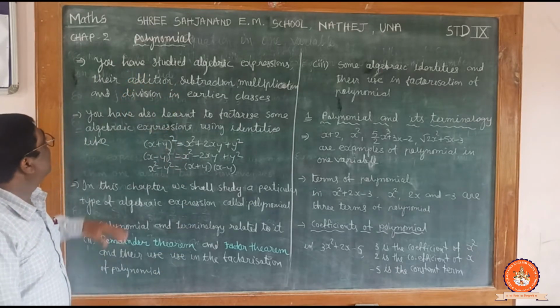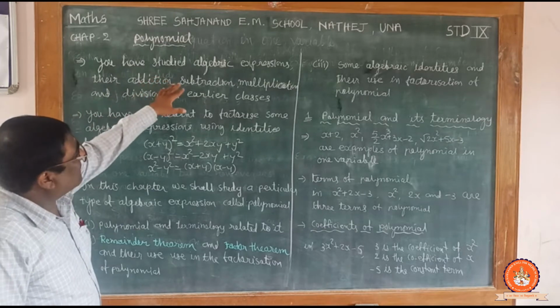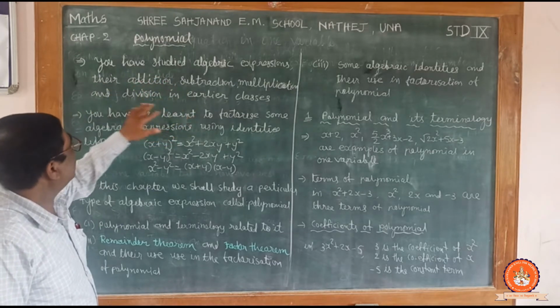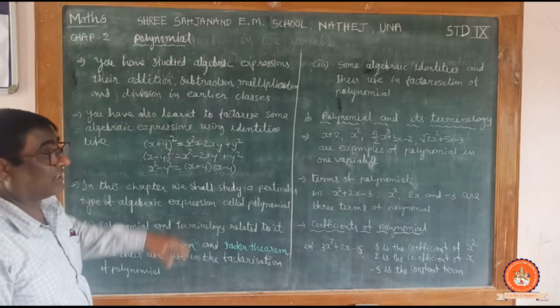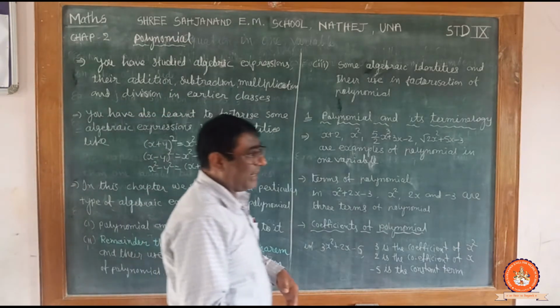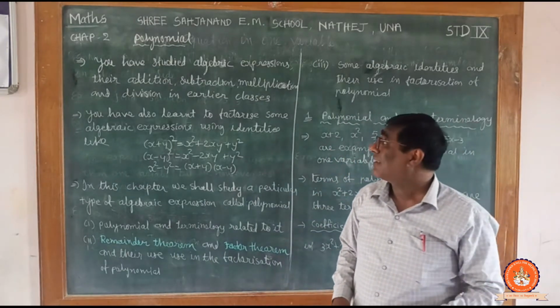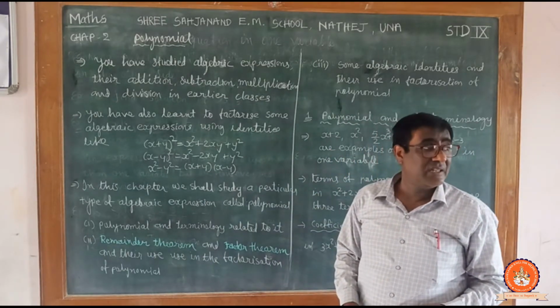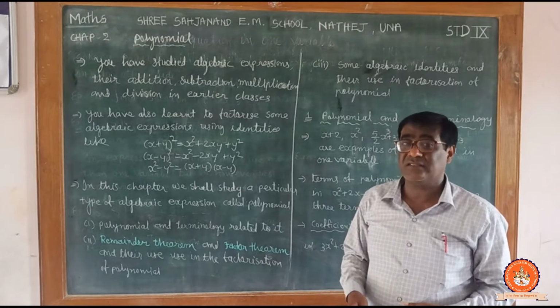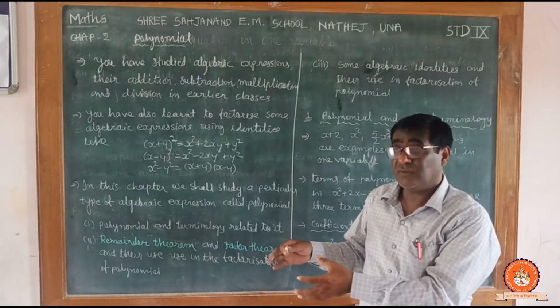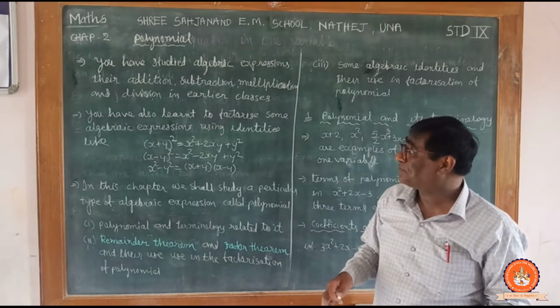Okay. You have studied algebraic expressions, their addition, subtraction, multiplication, division in earlier standards, means in 6, 7, 8. You have studied addition, subtraction, multiplication, and division of algebraic expressions.